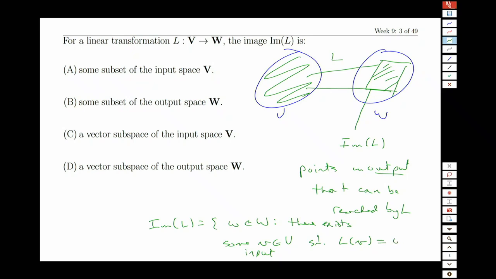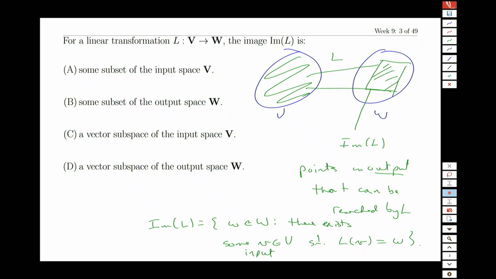That's the way we'd capture "can be reached": if I pick a point in the image, it has a precursor, something that maps to it from the input space.